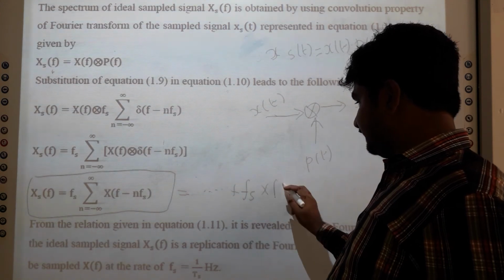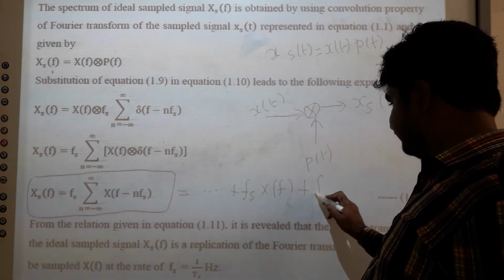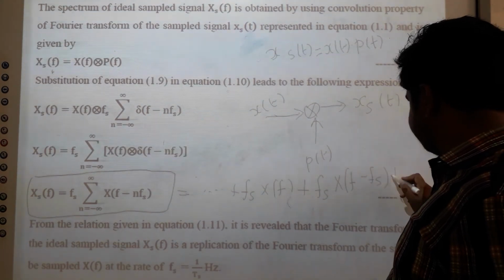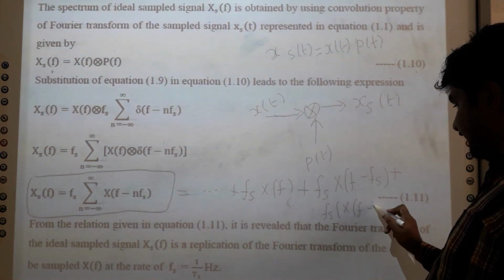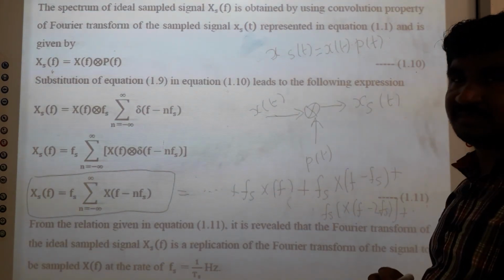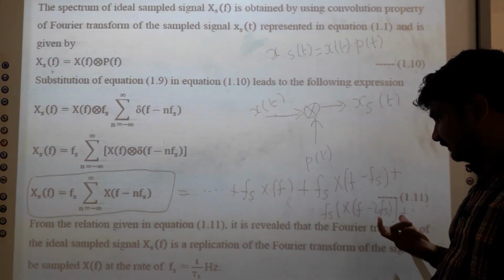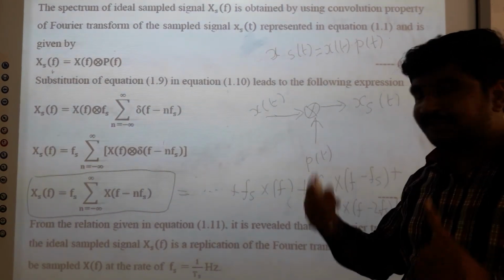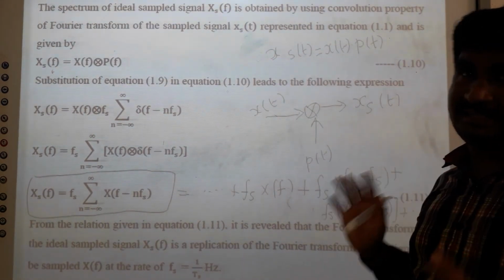Fs into x of f, for n equal to 0, plus Fs into x of f minus Fs, plus Fs into x of f minus 2Fs, and it will go on. From this, we can understand that the same spectrum is replicated over a particular frequency interval and it is weighted by a constant factor called Fs.